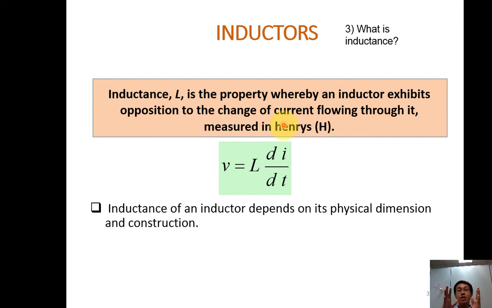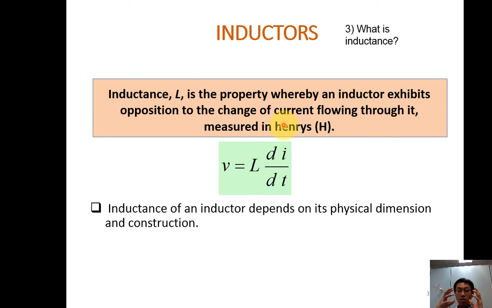If initially there's no current in the coil, when the current wants to be injected into the inductor, it will say, hey, please don't come into my inductor. This is the property of an inductor.